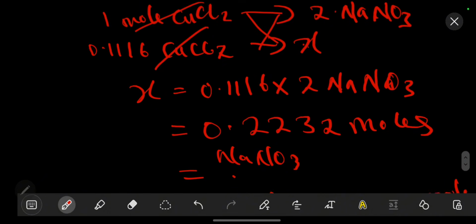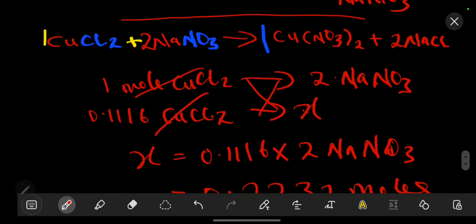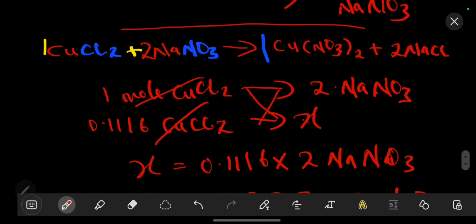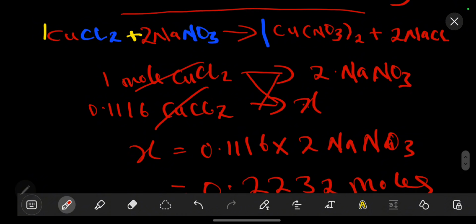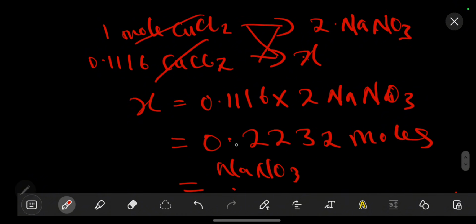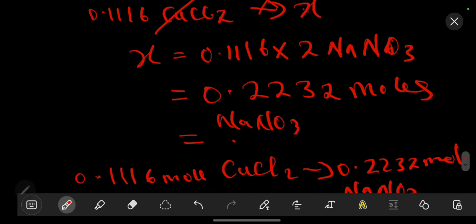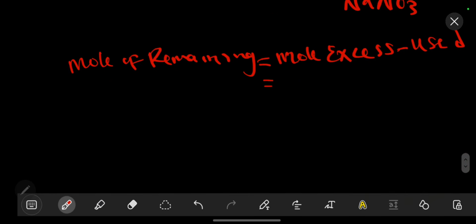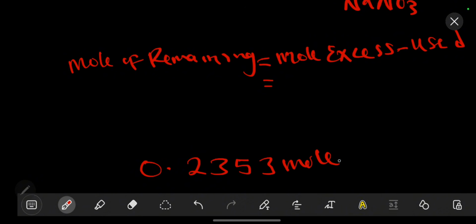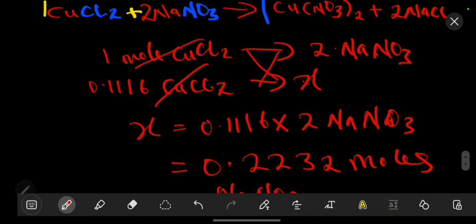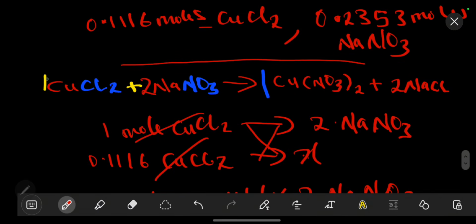The biggest mistake someone would make is to go direct and subtract 0.1116 from the amount that was available. What was the amount that was available? The amount that was available was 0.2353.